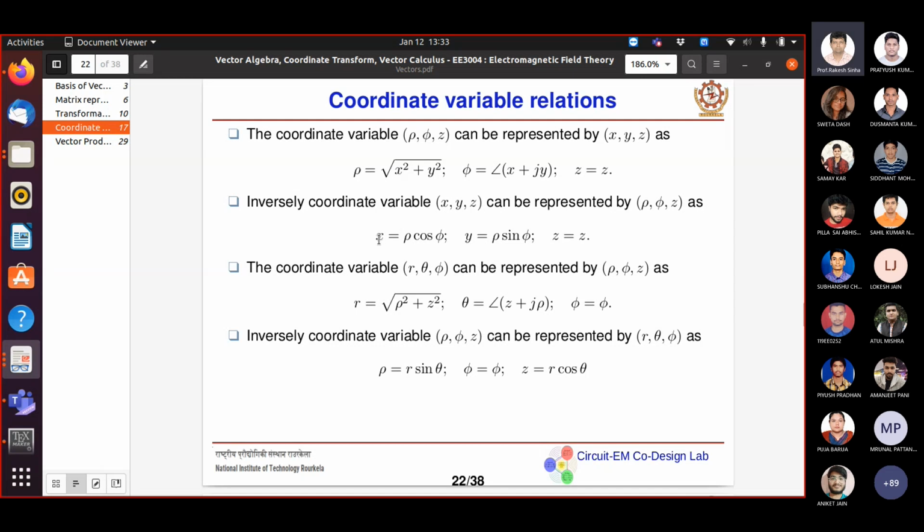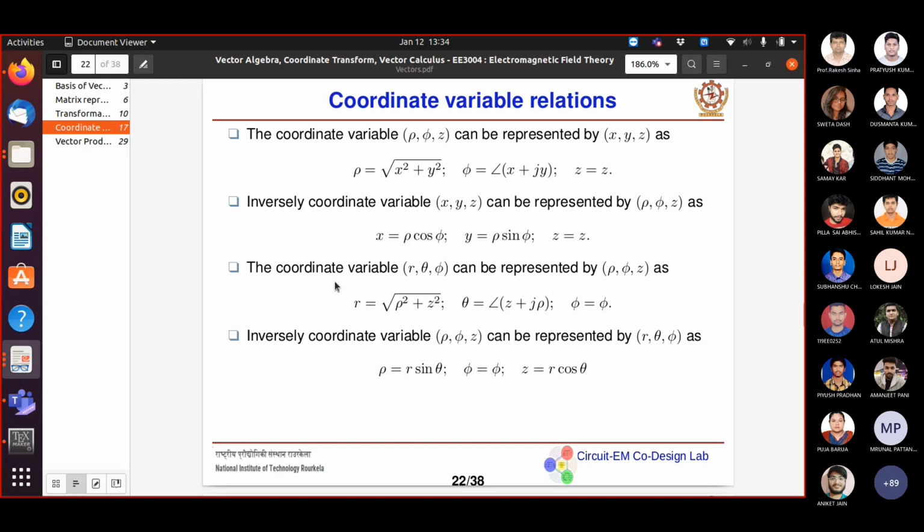In the inverse way, x is the projection of rho at an angle of phi in the x direction, so x is rho cos phi, y is rho sin phi, and z is simply z, it does not change.